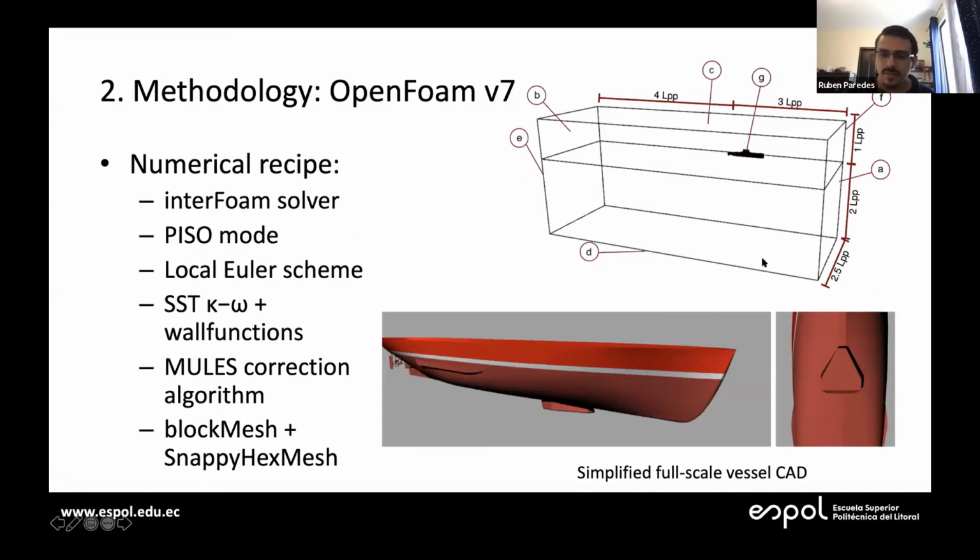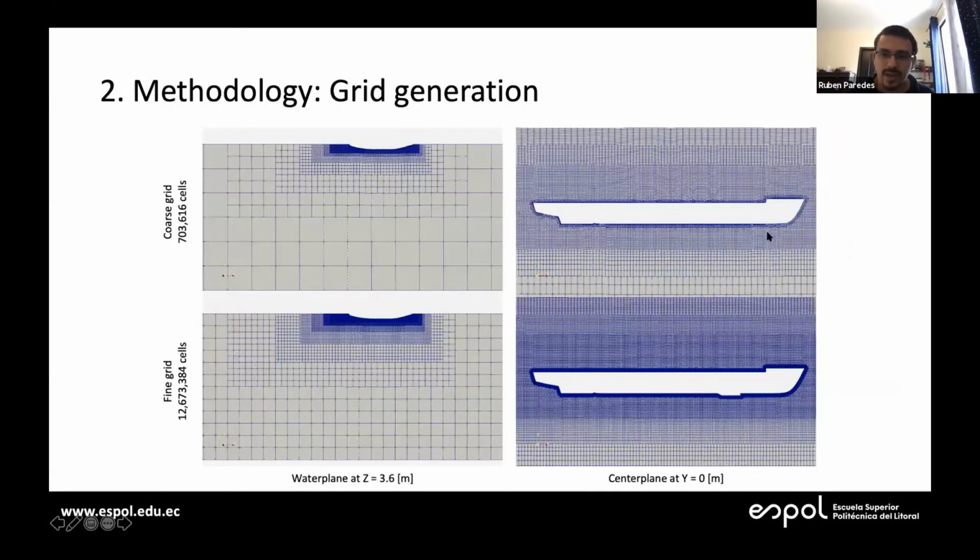So this is the full model. The one that we include in our simulation doesn't include the appendages that are shown on the back portion of the hull. We include the dome. We performed simulations without the dome and with the dome, using 4 grids.